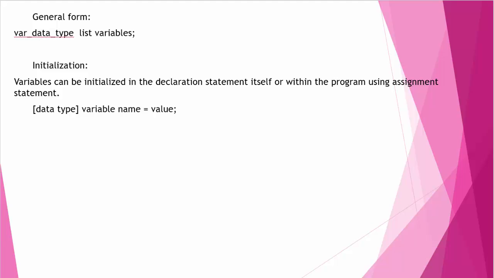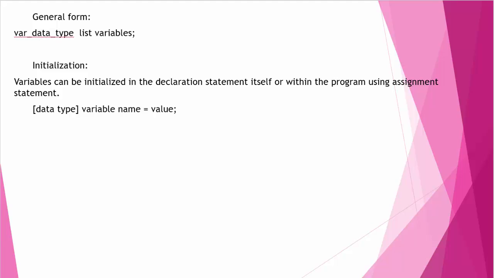You have to put a data type in the beginning, so that it can be defined as a number, or as a variable of characters. So initialization means where we can give a value to this variable.